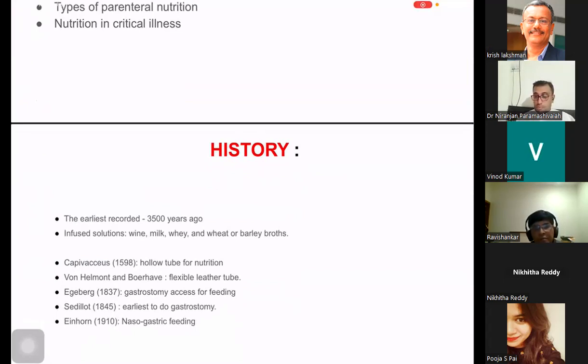The first hollow tubes for providing nutrition were used by Capivaccius, and later leather tubes were used by Boerhaave, and Sedillot was the first person to do the gastrostomy.